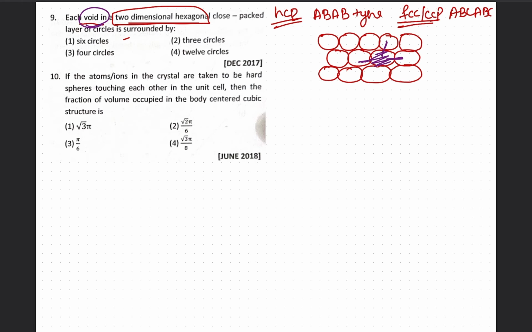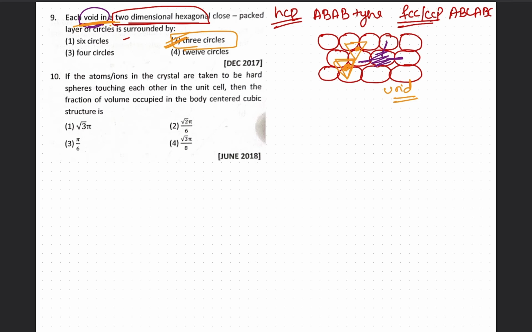Okay, so this is a void, and only these 3 circles are present around this void. So these 3 circles. They are asking for the void, so you have to consider the void, not the full circle. See, this void is surrounded by 3 circles. So in hexagonal close packing, each void is surrounded by 3 circles.